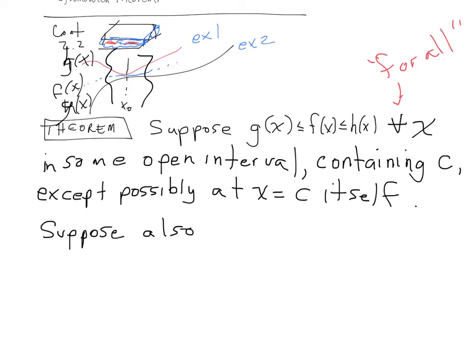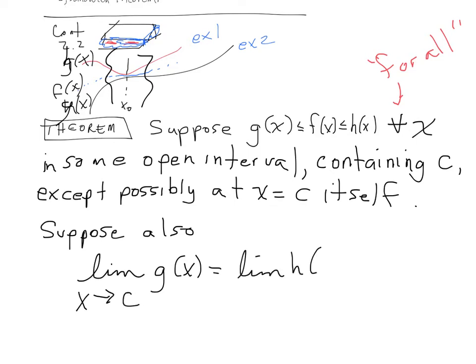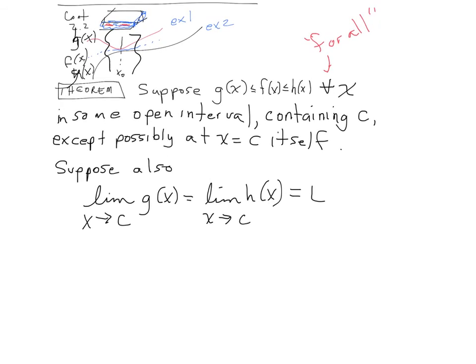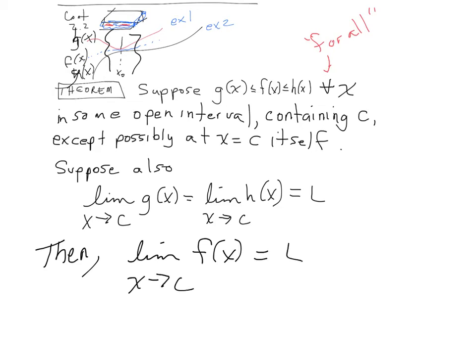Then suppose also that the limit of g of x as x approaches C equals the limit of h of x as x approaches C, that these are equal. They equal some limiting value. Then the one that's sandwiched between them, the limit of f of x as x approaches C, is going to be the same value.